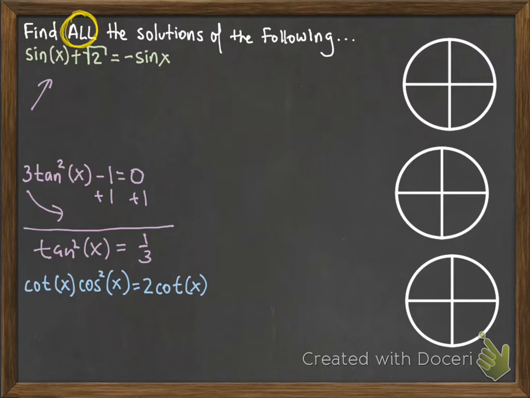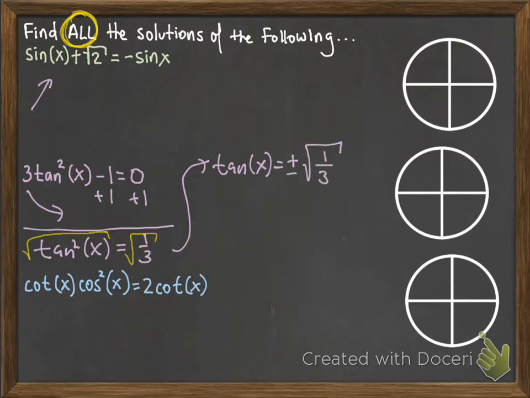And then I need to take the square root of both sides, because that's what we need to do to get rid of the square root. And that's going to give me the tangent of x equals, now this is very important, plus or minus the square root of 1/3.